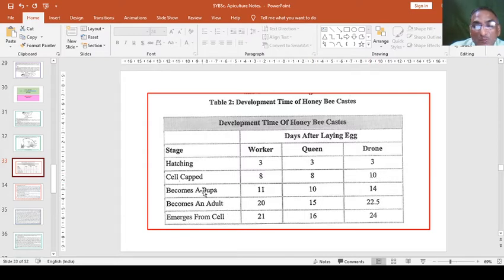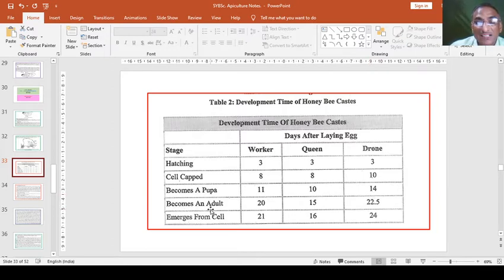Then it becomes a pupa in 11 days in worker bees, 10 days in queen bees and 14 days in drone bees. So pupa formation takes more time in drones.